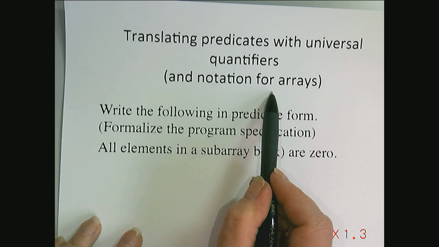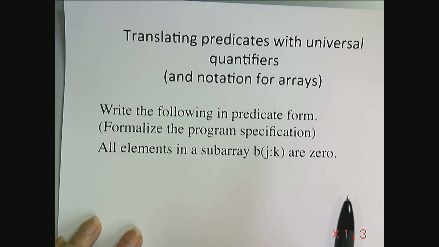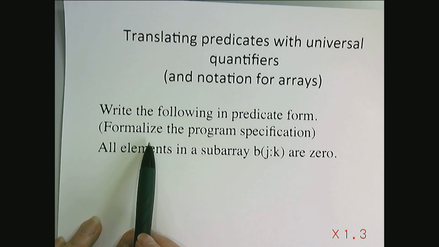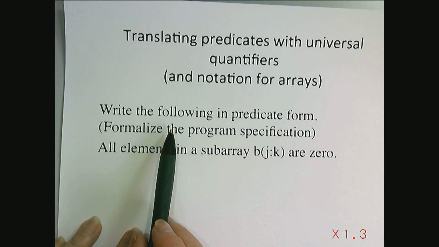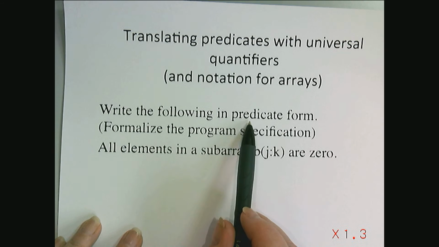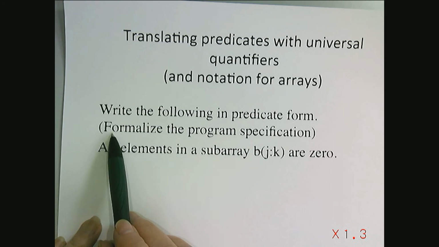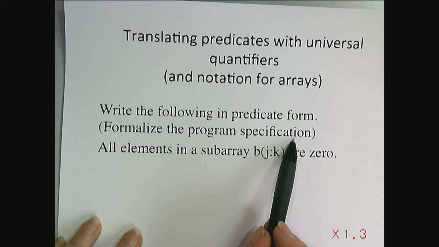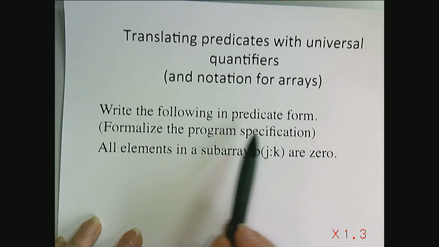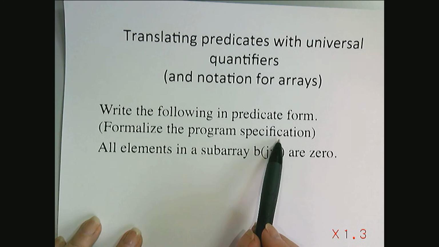I think it's the notation from MATLAB. So let's say that our instructions are to write the following in predicate form, which actually means to write it in symbolic form. I've seen examples of exercises like this where the instructions are to formalize the program specification, which again means to write it in symbolic form.